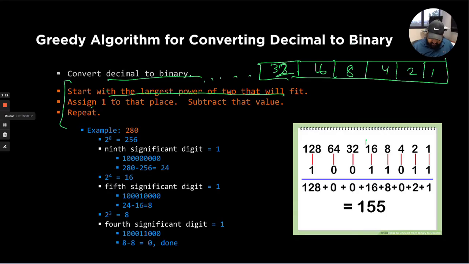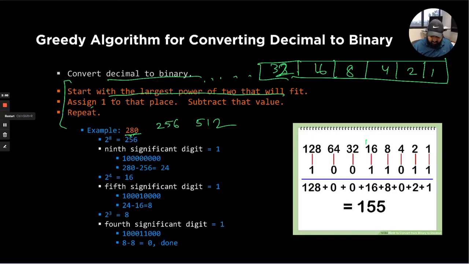And what you essentially do is you find the power of 2 that is just slightly smaller than the number. You go to the next number which is larger than the current number. Let's say it is 280, there will be two numbers, 256 and 512, and 280 lies in between these two.